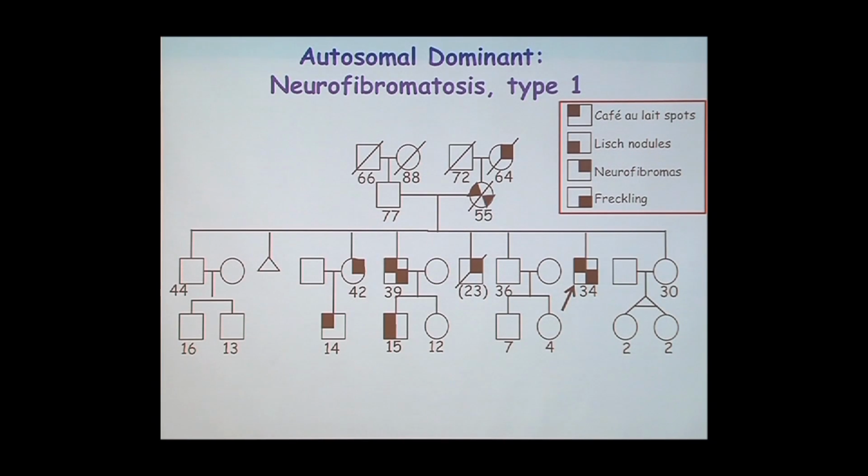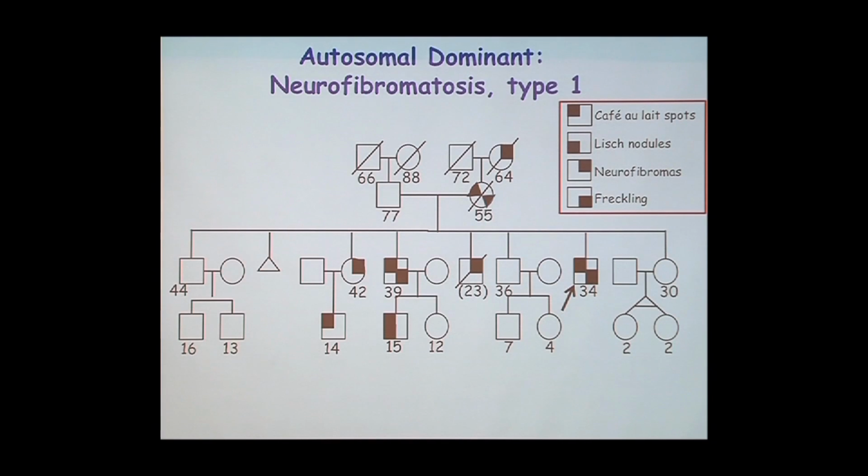And this, again, just shows that these individuals that are all affected, that I showed you in the last pedigree were all solid colors, all shaded in completely, shows that they have different symptoms. They don't all have the exact same disease. So this great-grandmother up here has what's called neurofibromas, which are little benign skin tumors. And this daughter here, who is a grandmother, has a lot of freckling and cafe au lait spots.